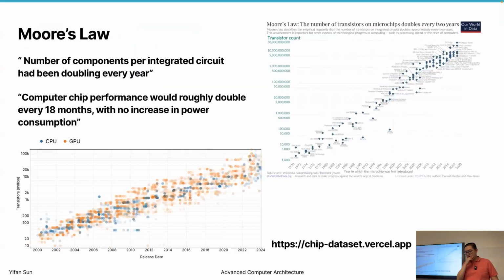There are two figures here. One is from Wikipedia, one is our own data. We have a data set that pretty much summarizes all the CPUs and GPUs that are commercially available on the market, if they released their technical information. You can see on Wikipedia, it's still rather linear, right? This axis is a log scale, so it's growing exponentially.